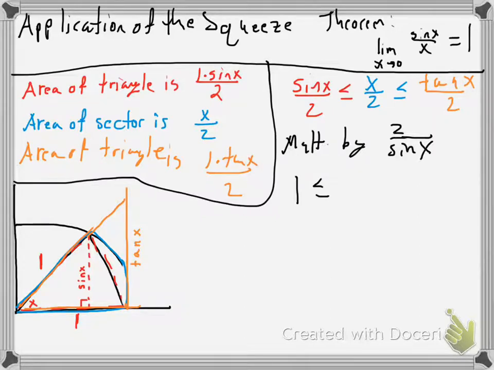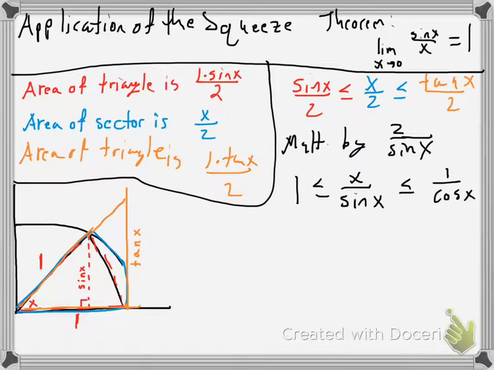When we multiply the x over 2 times the 2 over sine x, that's going to give us x over sine x. And then the last one, tan is sine over cosine. So the 2's are going to cancel, the sines are going to cancel, and we'll have the cosine left over in the denominator.